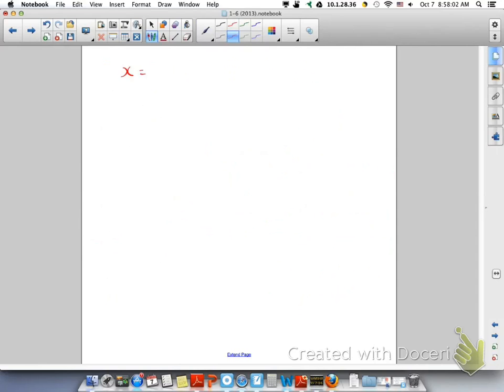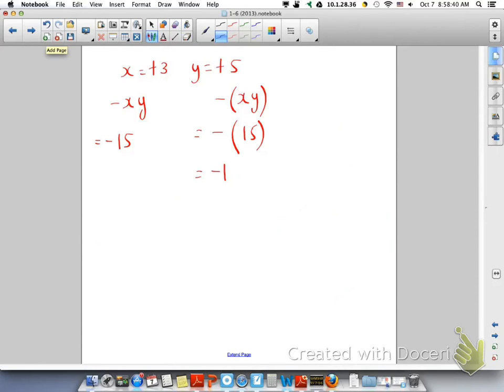So if x equals positive 3 and y equals positive 5, the opposite of x times y, and the opposite of the product of x and y, this is going to be the opposite of 3 times 5, which is 15, which is negative 15. Here you have the opposite of 15, which is also negative 15. It works. What if both were negatives?